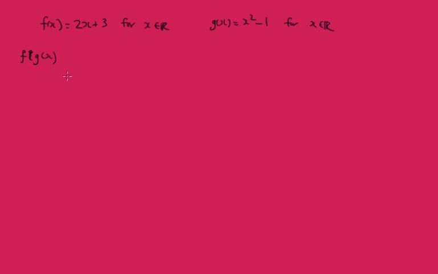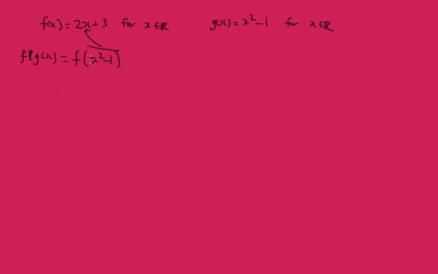So we take f of x squared minus 1. Where we see on f of x the x, we're going to substitute the x for this.